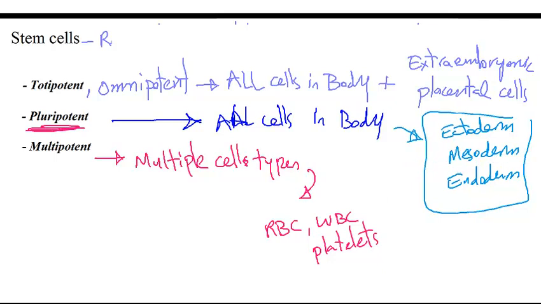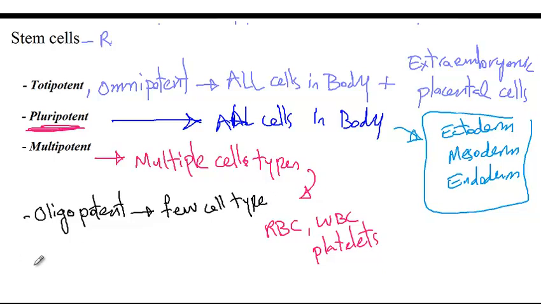And then some other definitions that I'd like you to know: oligopotent, meaning that these stem cells can give rise to few cell types. And finally we have unipotent, which can give rise only to one cell type.